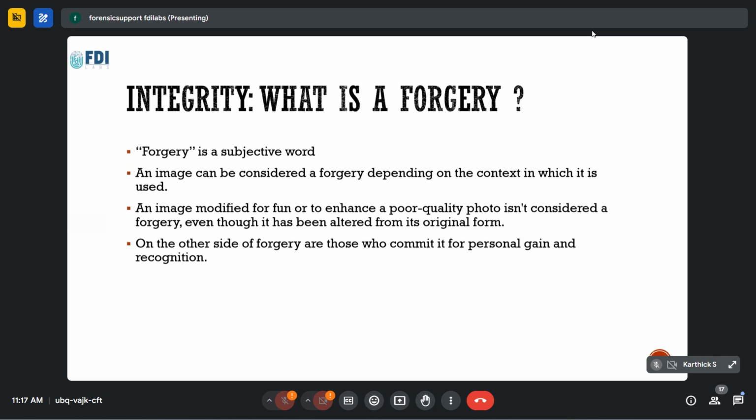So the truth and the authenticity of digital images are often exposed to the software that we use. And on the other side of forgery are those who commit it for personal gain and recognition. The purpose of doing this forgery is that the person who commits it does so for their personal gain and for popular recognition too.